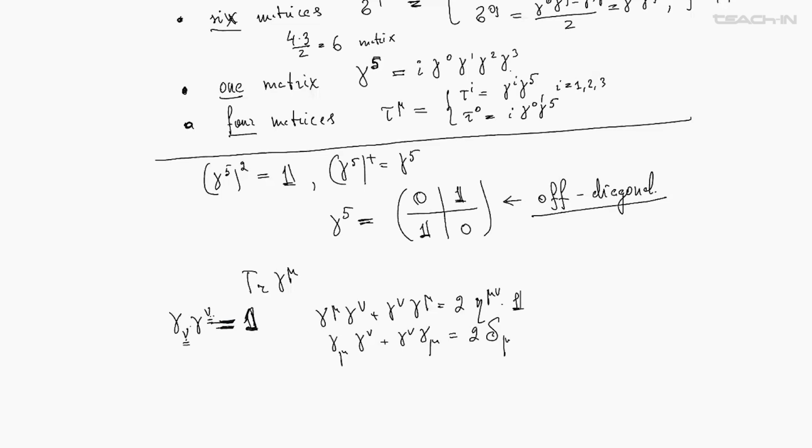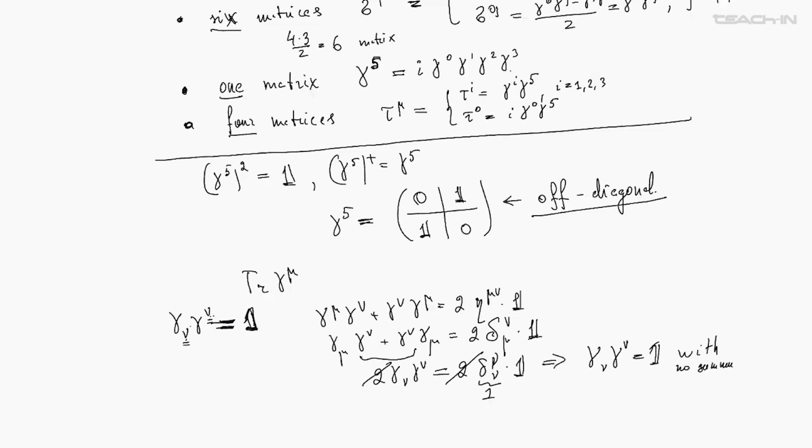Now if I take index mu equal to index nu, I get twice the same product of gamma nu, with no summation over nu, equal to 2 times delta mu nu, which is 1, multiplied by the identity matrix. You see that these two cancel, and you just get gamma nu with lower and upper index equal to the identity matrix, with no summation over nu. For any nu, you have such a relation.